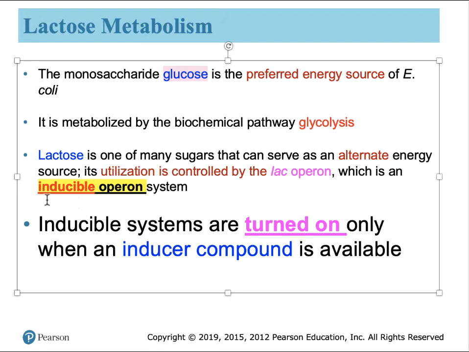So there's your inducible operon label. The decision to turn on the lac operon, or any operon that's inducible, depends on the presence of a trigger, and that trigger is called the inducer molecule or the inducer compound. And when it's available, the operon is turned on. When it's not available, the operon is turned off.